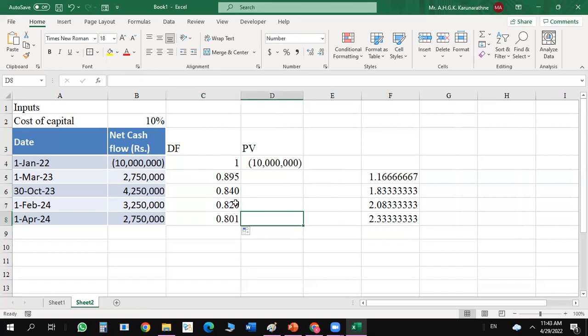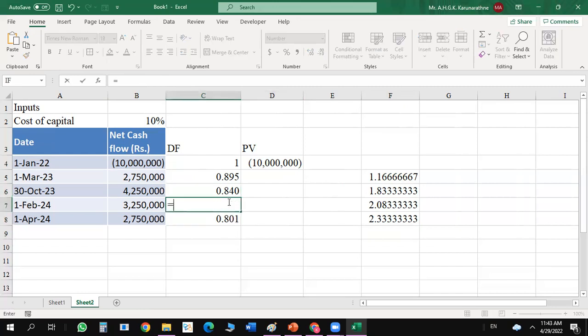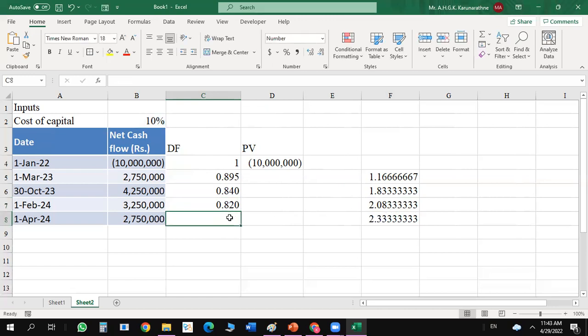We can copy it like this: 1 divided by 1 plus r, fix it by pressing F4, close bracket, then to the power, here we give a relative cell reference without fixing, enter. This is the formula we have already discussed.